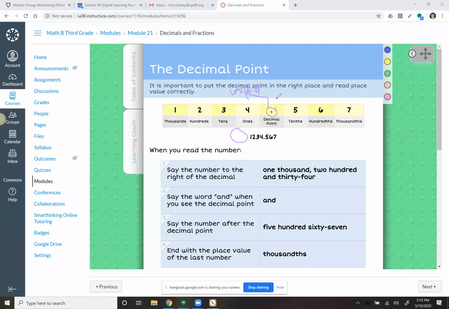And anything to the right of the decimal is a piece of the pie, or a fraction. That's my attempt of having a piece of pizza being taken out of the pizza pie. Not a good representation, but I think you get the idea, right?